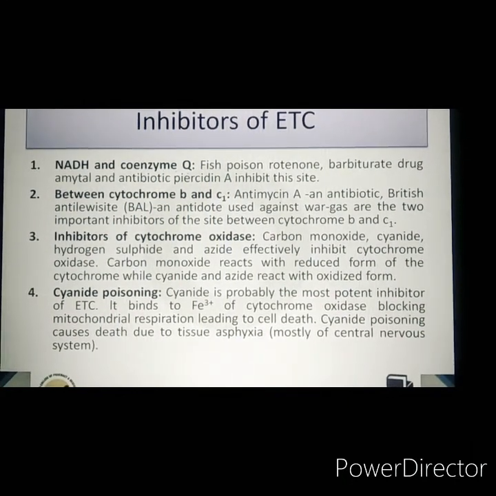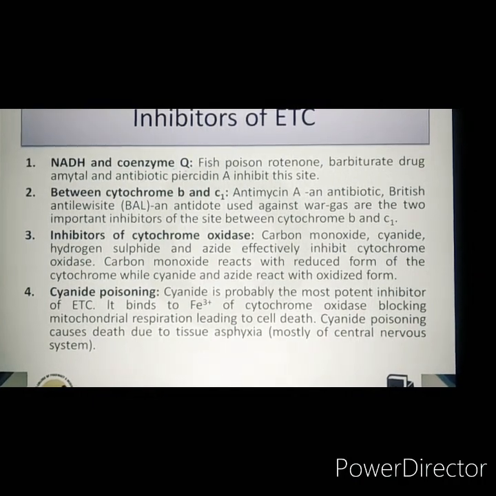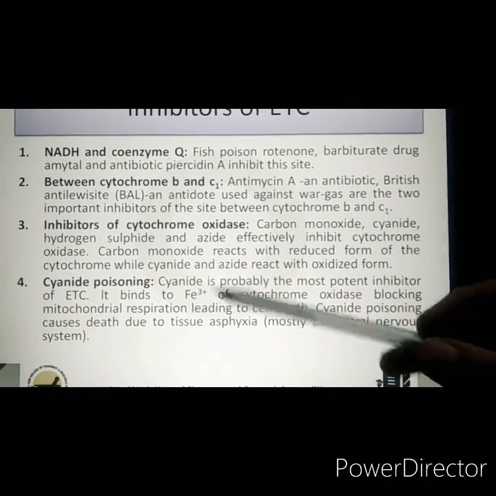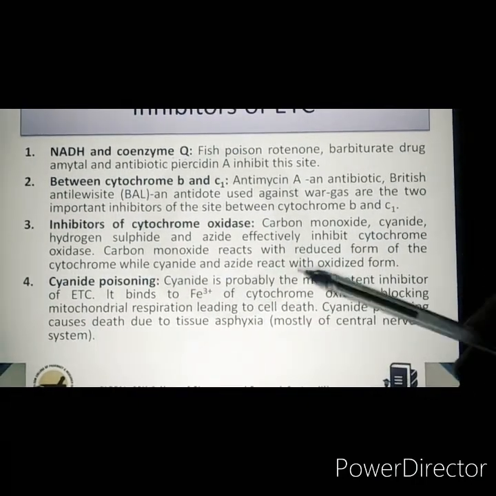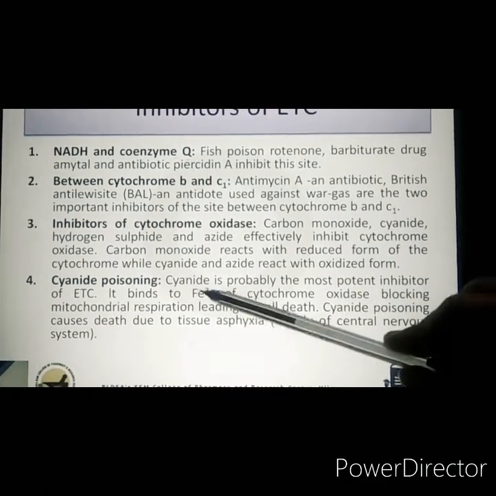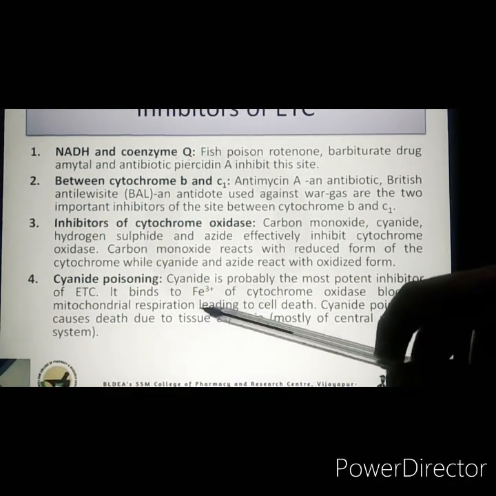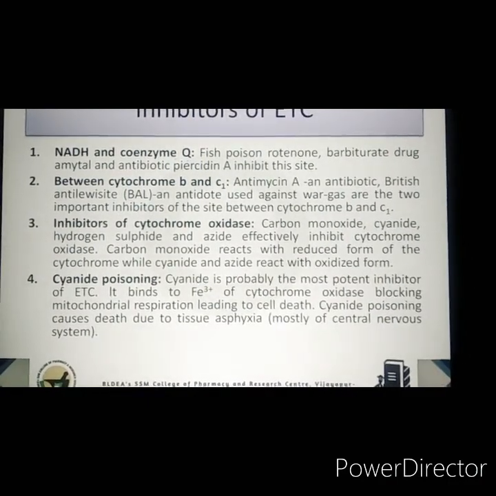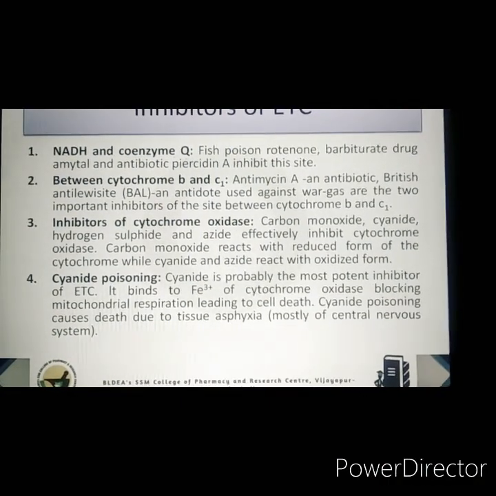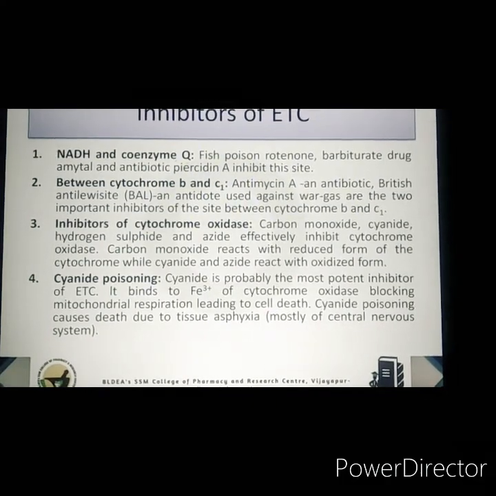The last one is cyanide poisoning. Cyanide is probably the most potent inhibitor of ETC. This cyanide binds to the oxidized state of iron sulfur proteins, right? Cytochrome oxidase, the fourth complex, in its oxidized state, that is before it accepts the electron, has the iron present as Fe+3. Now this cyanide directly binds to the Fe+3. So there is no acceptance of electrons from cytochrome A3, right?